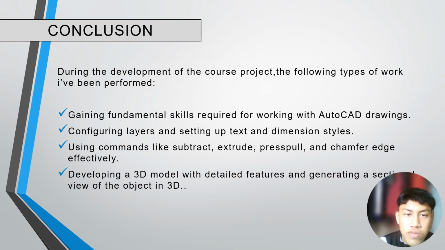I've also been configuring layers and setting up text and dimension styles, and using commands like subtract, extrude, press pull, and chamfer edge effectively, especially to make the front face and also the barrels, and also developing a 3D model with detailed features and generating a sectional view of the object in 3D, as you can see from my previous slides.